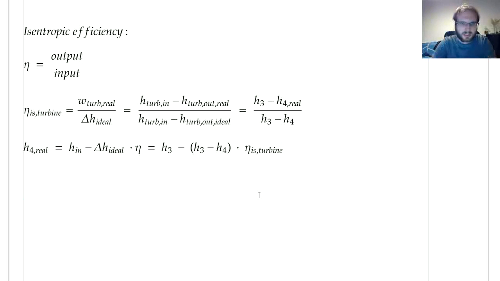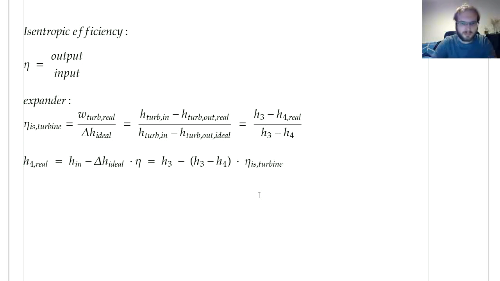Now let's have a look at the pump. So this was the turbine or expander, and now let's go for the pump. Now how will this ratio look like for the pump?